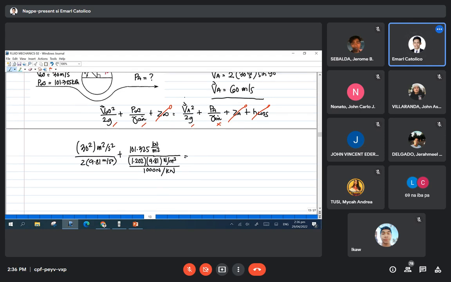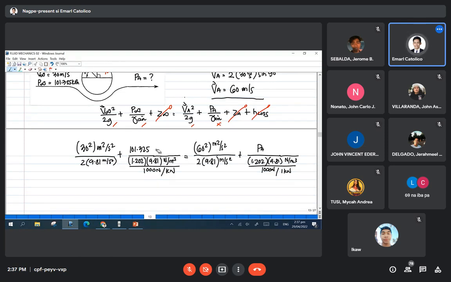Okay. So VA natin is 60. So 60 squared meters squared per second squared, 2 times 9.81 meters per second squared. Plus PA, yan yung hinahanap, over gamma ng air, same lang din, 1.202, 9.81, Newton per cubic meters divided by 1,000 Newton per 1 kilonewton.